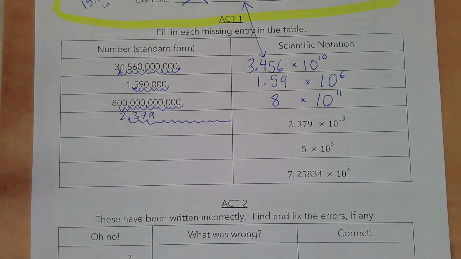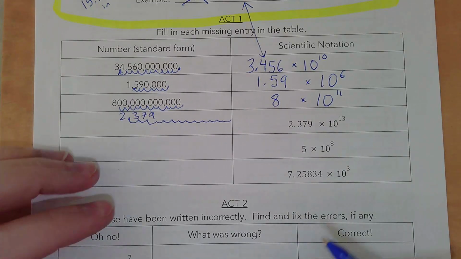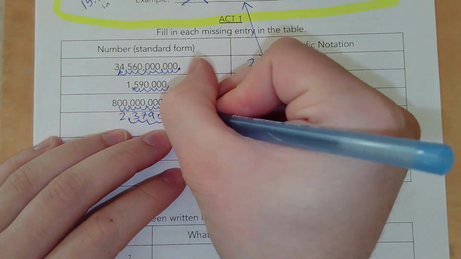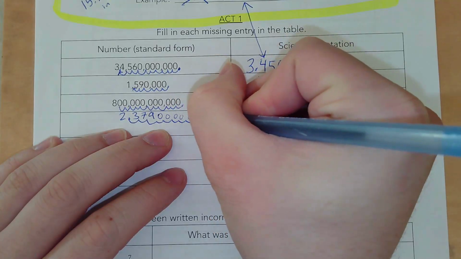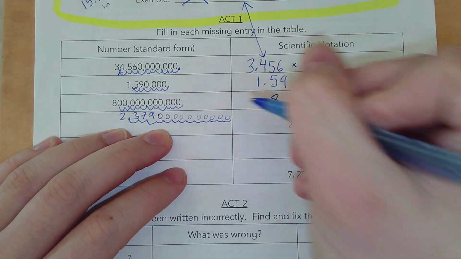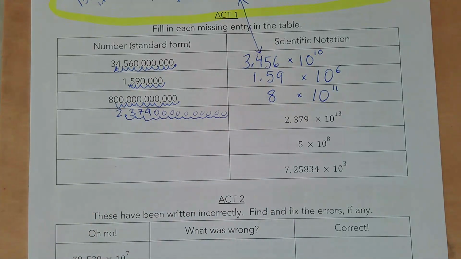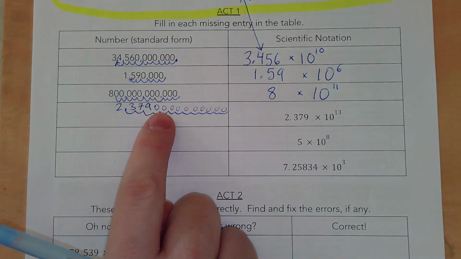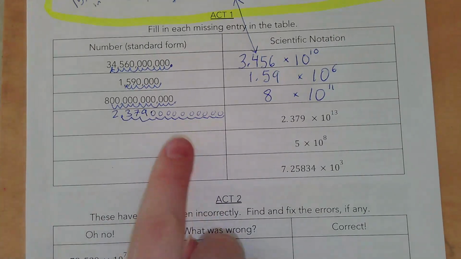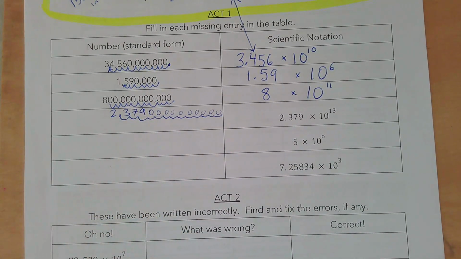And what happens when you multiply by 10 so many times? Yeah, you're going to add a bunch of zeros. 3, 4, 5, 6, 7, 8. Looks like we need to add 10, or 8. I count wrong. 4, 5, 6, 7, 8. Yeah, looks like we're going to need to add 10 zeros there.